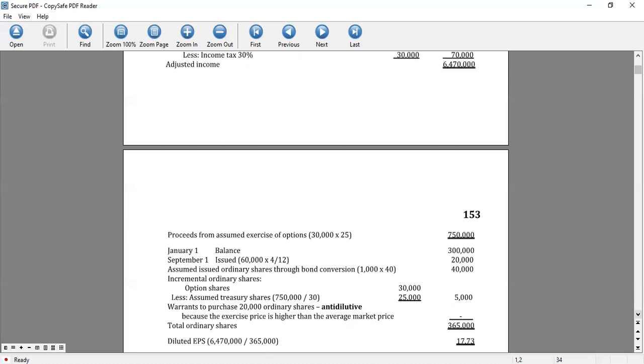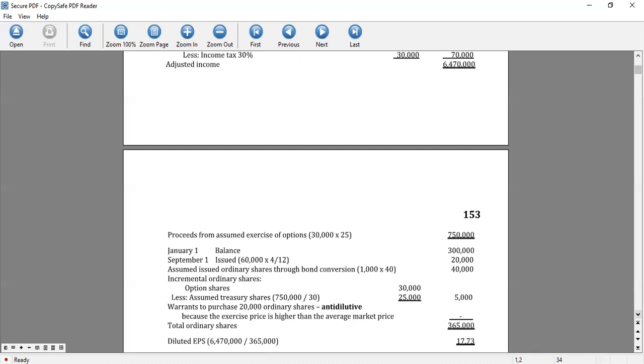So it's very important here that we know what is happening, why you have the assumed treasury shares. So for a total of, now that is for the unexercised share options to purchase 30,000 ordinary shares at 20 per share and the option price of 5. So we now deduct the assumed treasury shares of 750,000 divided by 30.